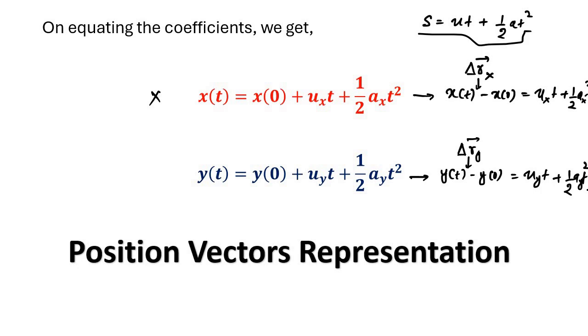This is for x axis and this is for y axis. So this is the final position vector representation for the motion of an object in a plane with uniform acceleration.